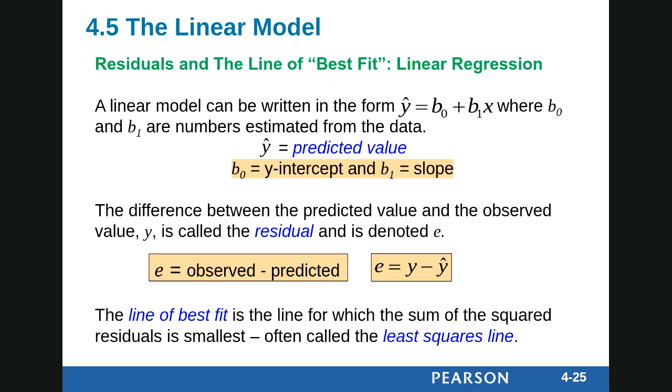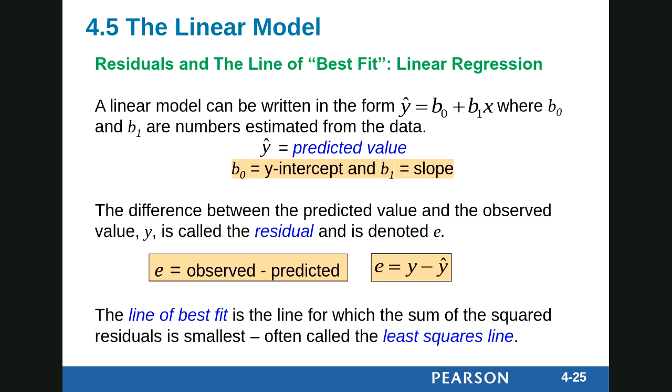The difference between the predicted value and the observed value, so the observed value is Y. That difference is called a residual, and that's denoted by this lowercase letter e. So for me to calculate residual, I take the observed value, which is y, minus the predicted value, which is y hat, and I can get the residual. So this method is called the line of best fit.